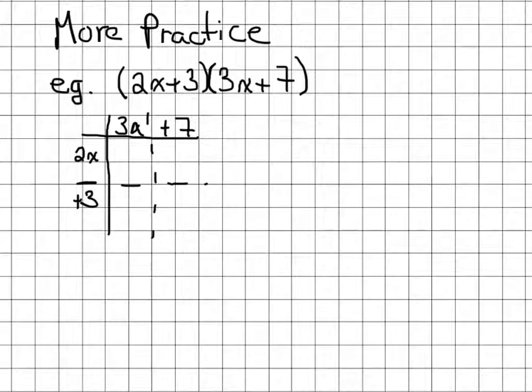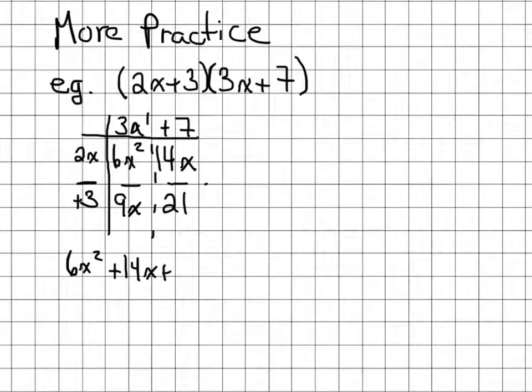And so 2x times 3x is 6x squared. 2x times 7 is 14x. 3 times 3x is 9x, and 3 times 7 is 21. So that's the expanding part. Now I'm going to simplify it, so I have 6x squared plus 14x plus 9x plus 21, which is 6x squared plus 23x plus 21.